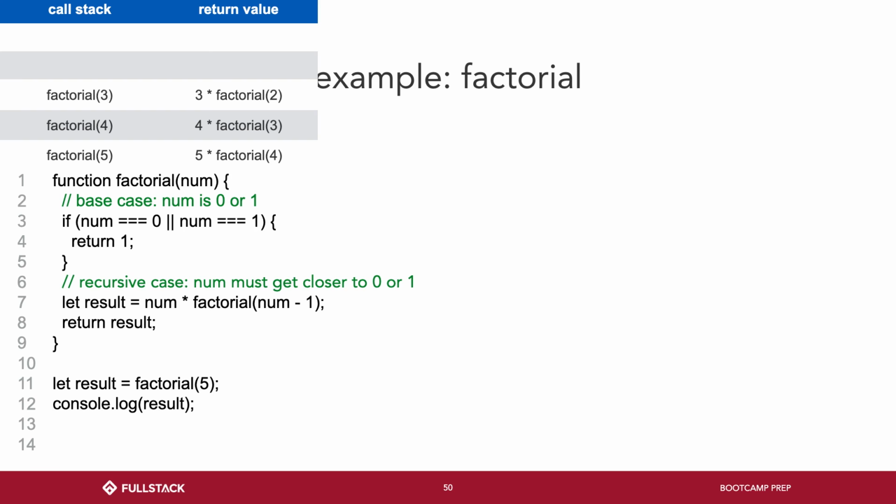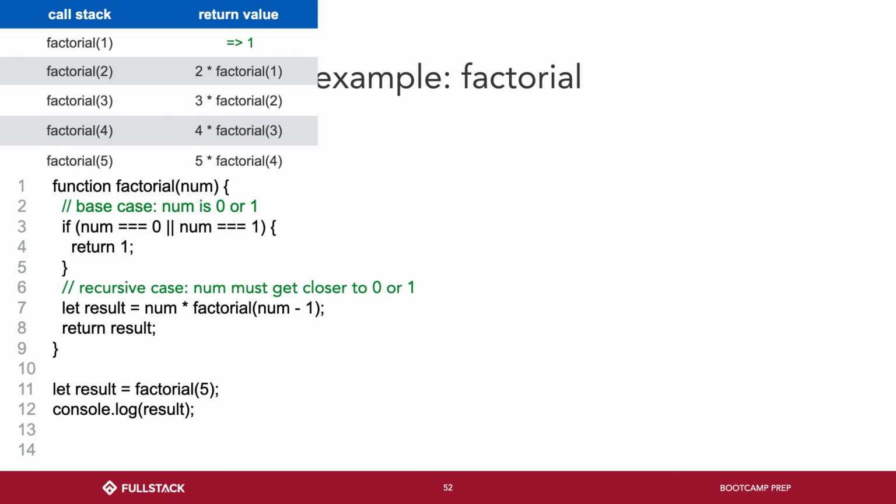So factorial of 3 gets called onto the call stack, right? And we repeat this process, right? We repeat this process again, and then we say factorial of 1, right? Factorial of 1, we finally hit that, and factorial of 1 hits our base case, and we return 1. Does that make sense?